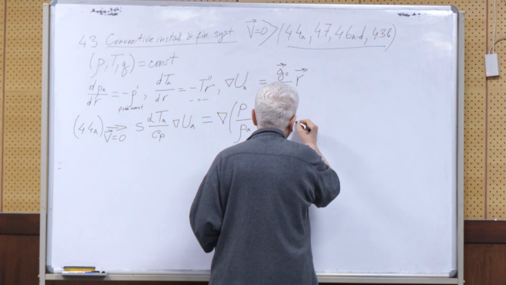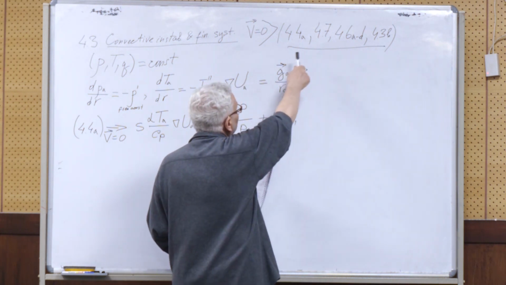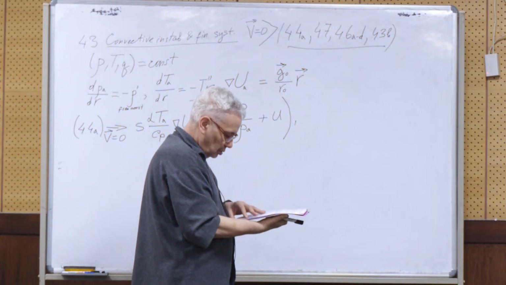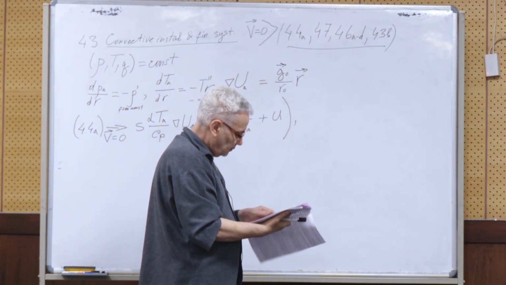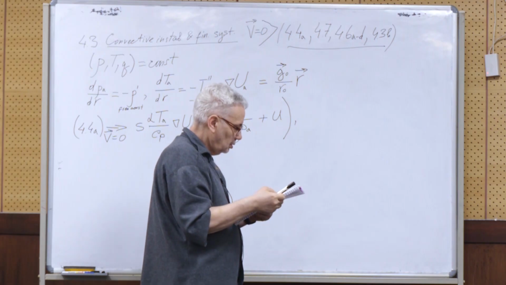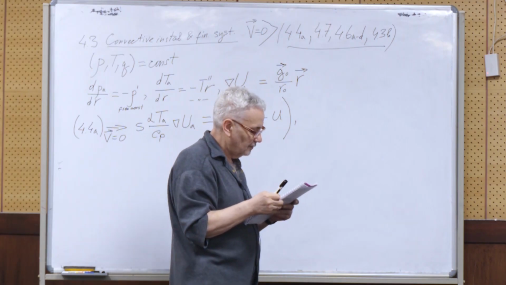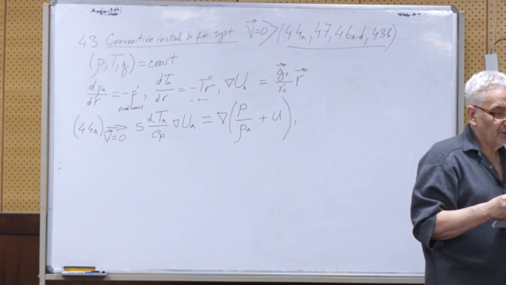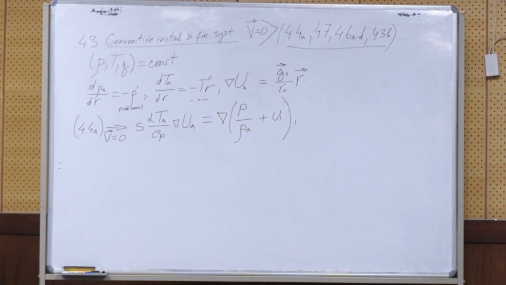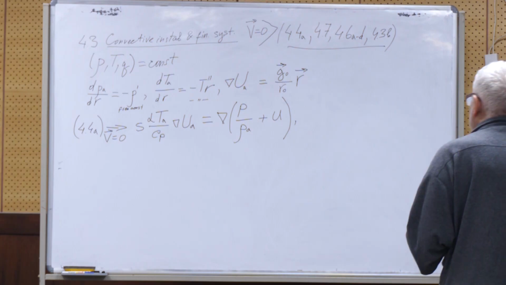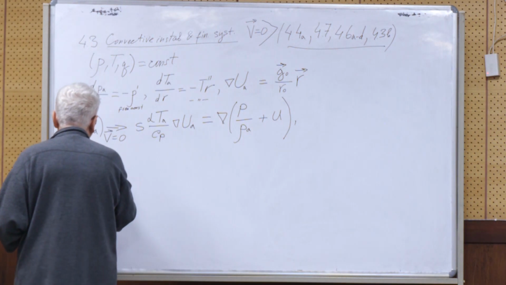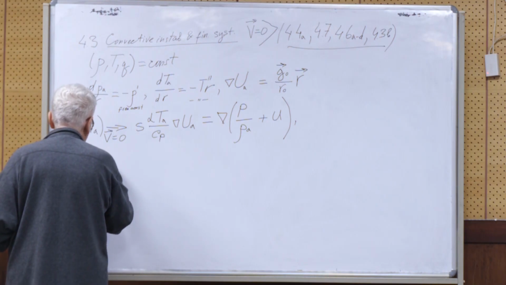Then the next equation is for the seventh equation. This equation is again under the condition that it's constant and independent of where.